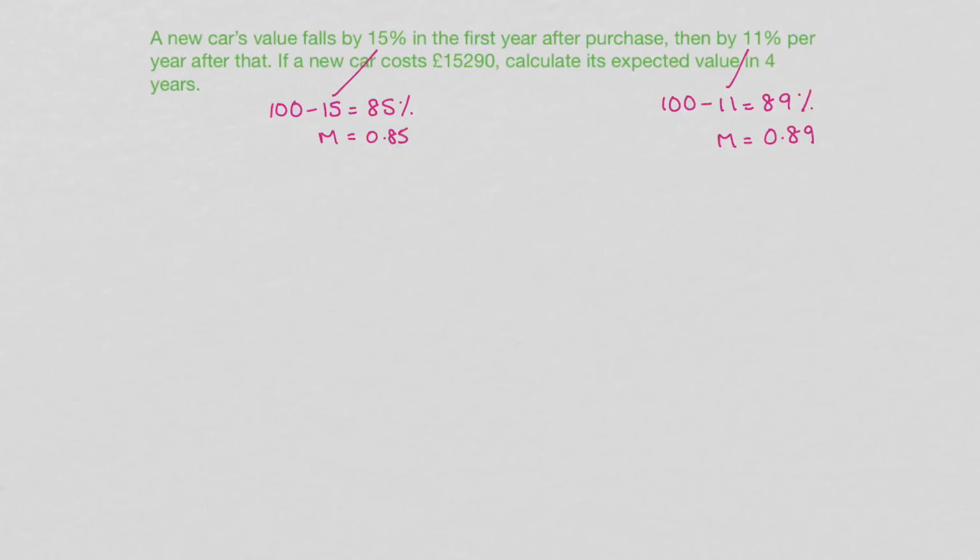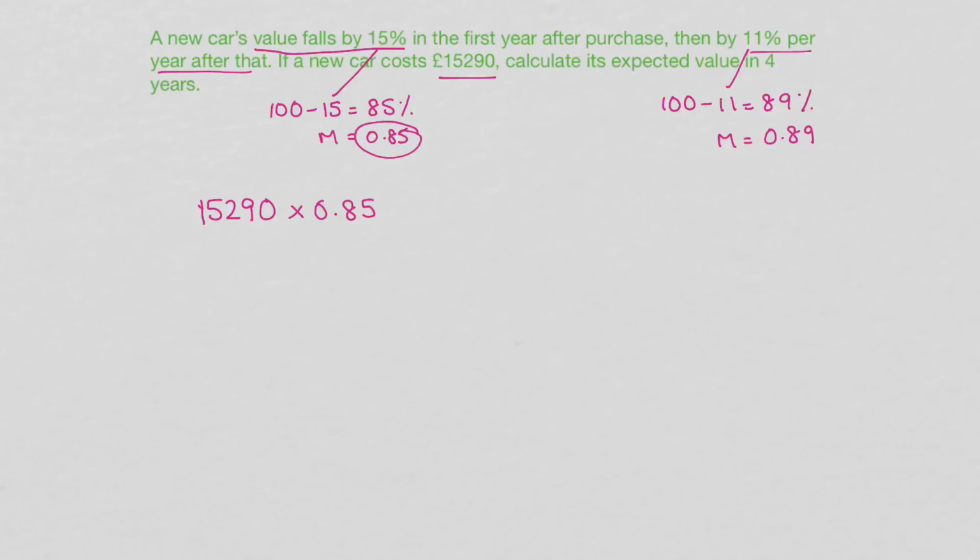Okay, so we're starting off with our original value, 15,290. In the first year, the car's value falls by 15%, so it's this multiplier for the first year. Now, it falls by 11% per year after that, so every other year it falls by 11%.